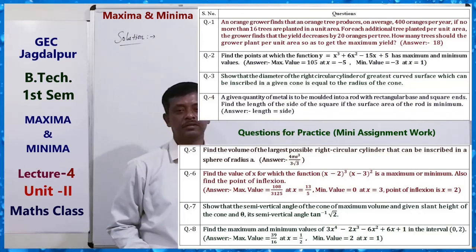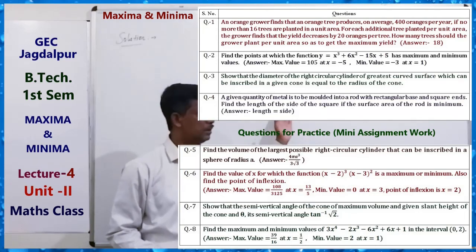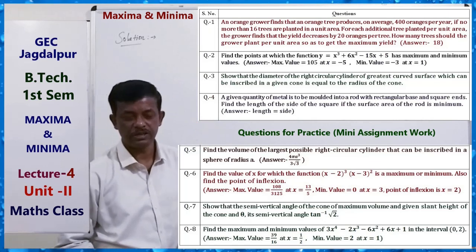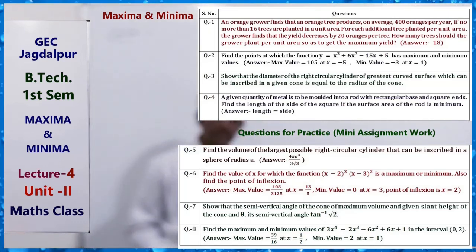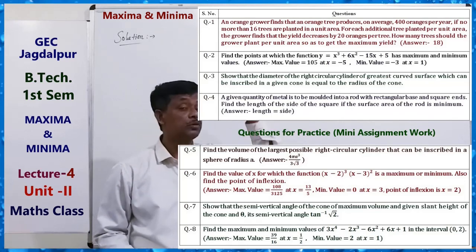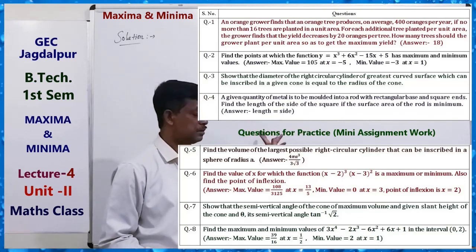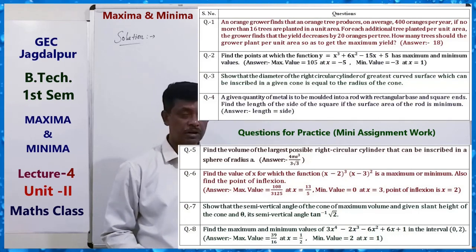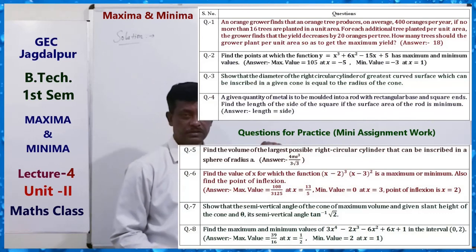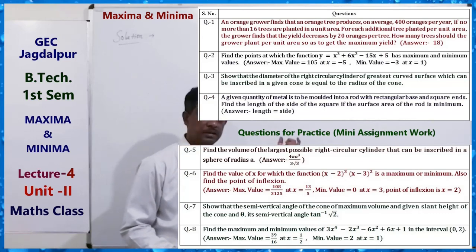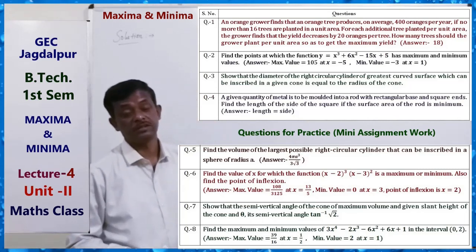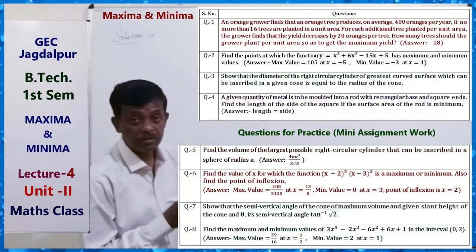If that contains two unknown quantities, then by using any of the conditions given in the question, write the value of one unknown in terms of another unknown in the given objective, and that objective will be a function of a single variable. That will be our required function.